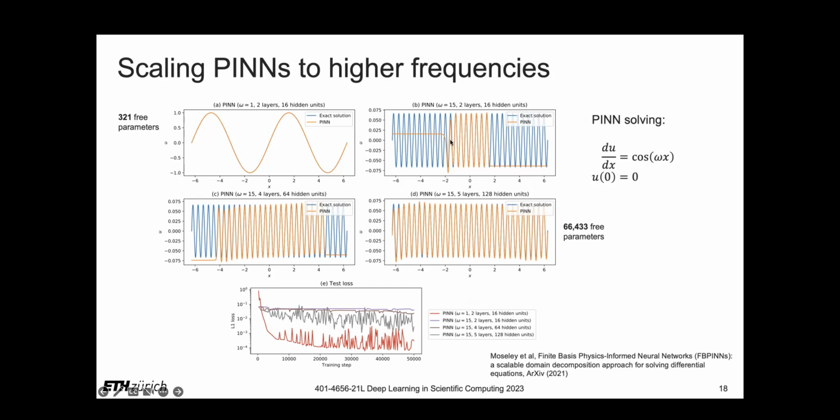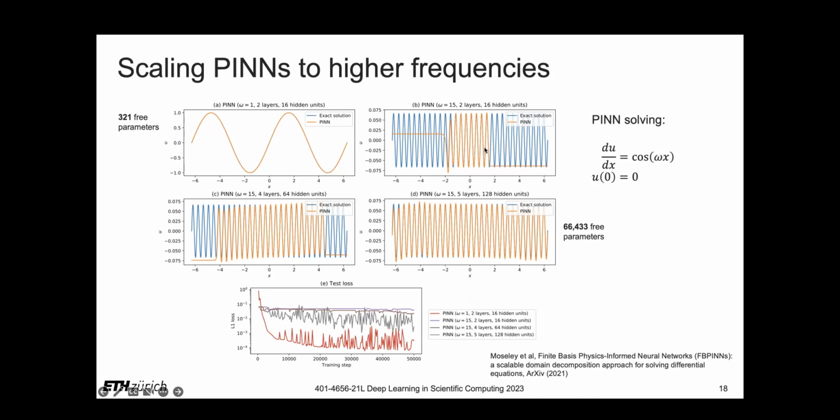So why do you think this is? Why can't it model all the rest of the cycles? Anyone got an idea? As you're adding more cycles in, the solution is essentially getting more complex. And so what's happening here is the PINN is not expressive enough to model the solution with more cycles.